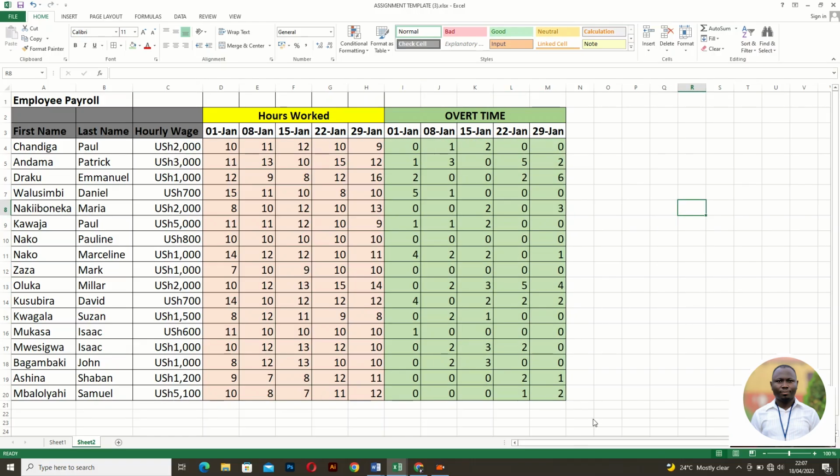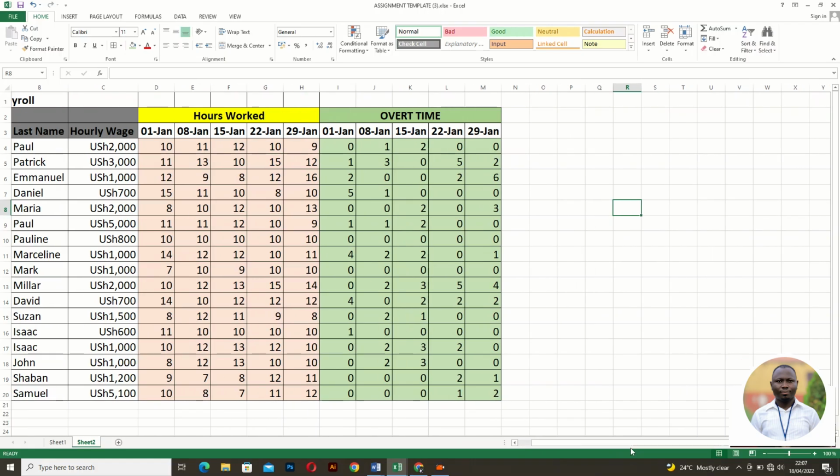Then we have to now look at the pay for this date, the different days, whereby here we're going to have 1, 2, 3, 4, 5. We're going to merge it and we call it pay.